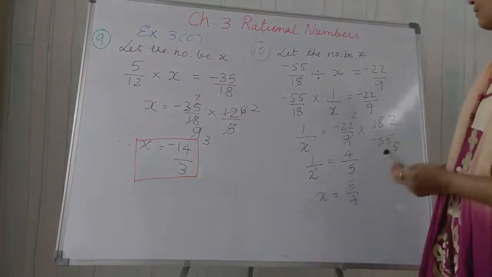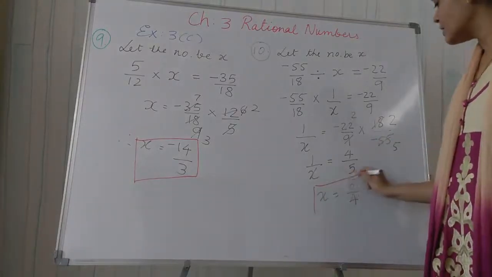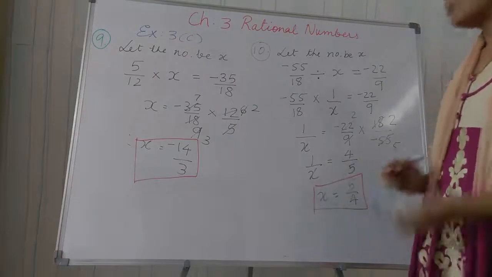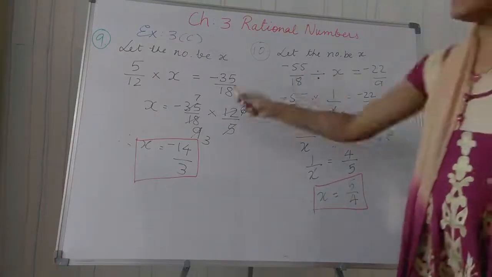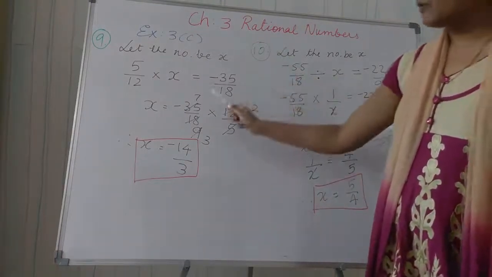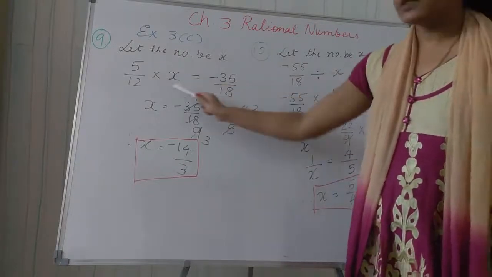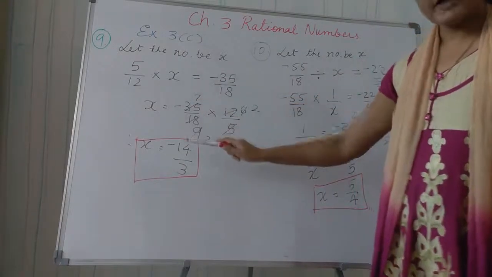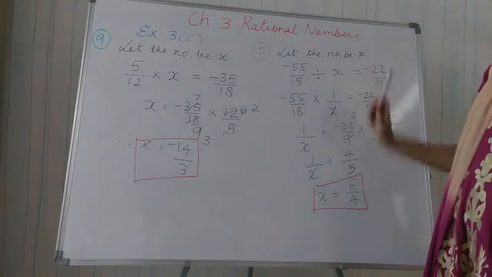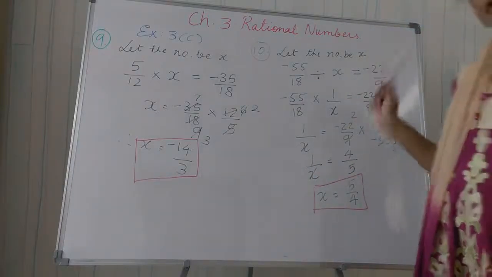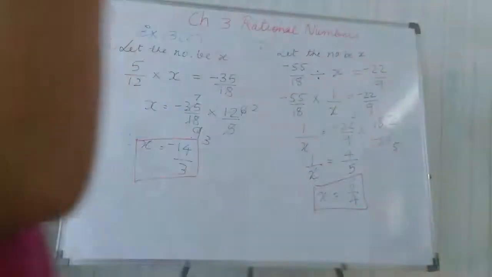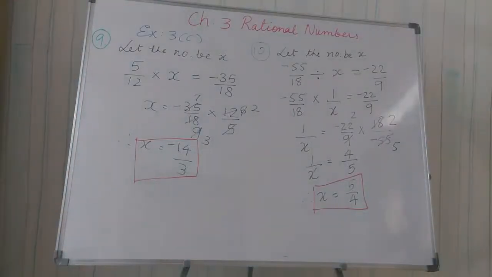So this is our final answer to question number 10. In these two questions, 9 and 10, in one question we saw how to find the number when the product is given, and when division is given, how to find the number which is not known to you.